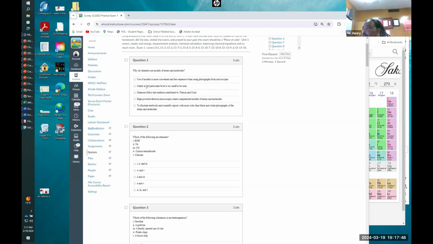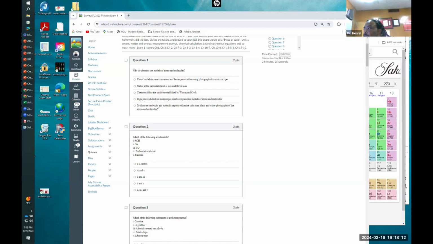B, matter at the particulate level is too small to be seen. C, chemists follow a tradition established by Watson and Crick. D, high-powered electron microscopes create computerized models of the atom and molecules.